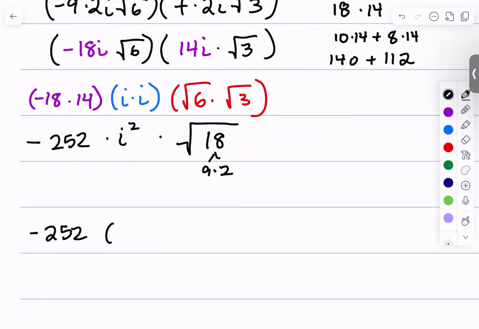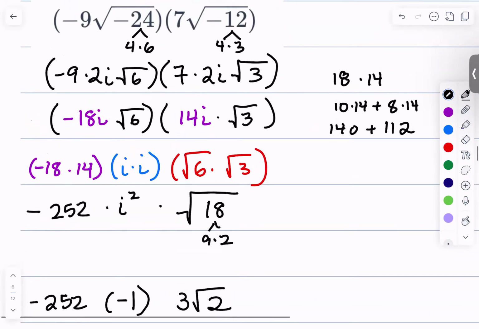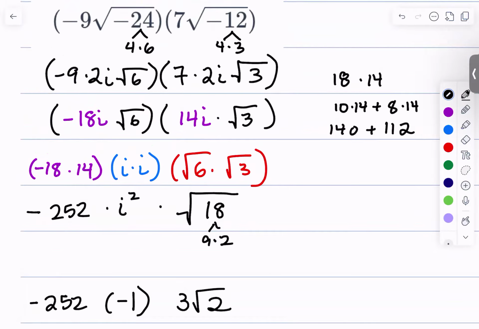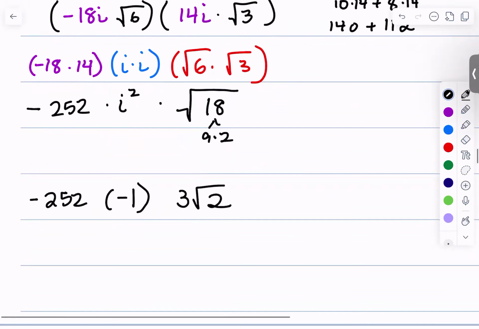I squared is negative 1. This would be 3 square root of 2. Do we all see that? Any questions on how I went from any steps here? No? So this would be a positive 252 times 3 square root of 2.